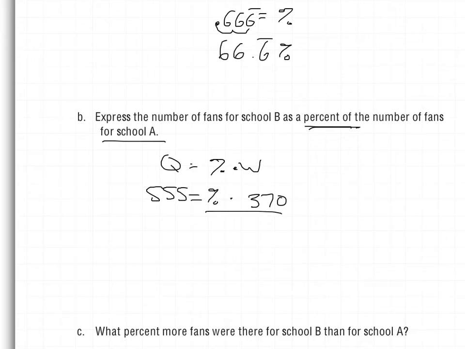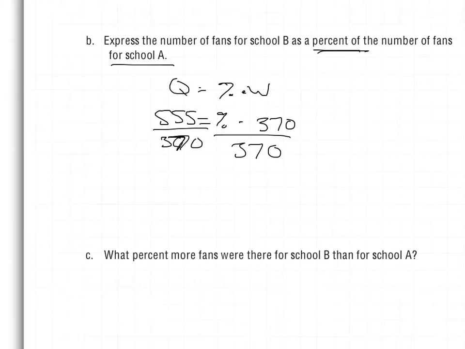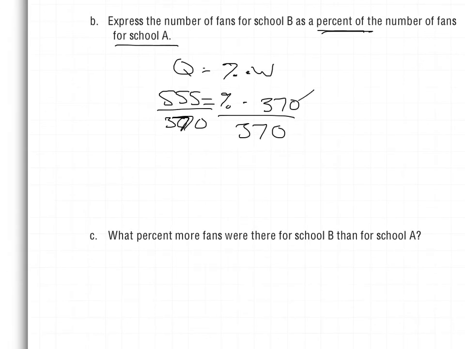So this one's a little bit different. We end up with our numbers reversed in our fraction, which means this is going to end up being more than 100%. When I do this division, I'm going to get 1.5 is equal to the percent. So if I move the decimal 2 times, that's going to give me 150%.